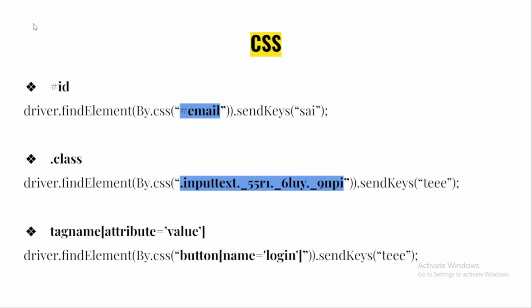So let us perform the same Facebook requirements using CSS locator, because it is the most relevant locator, and in every organization people will use CSS and XPath instead of using the ID and name, because these are always relevant.